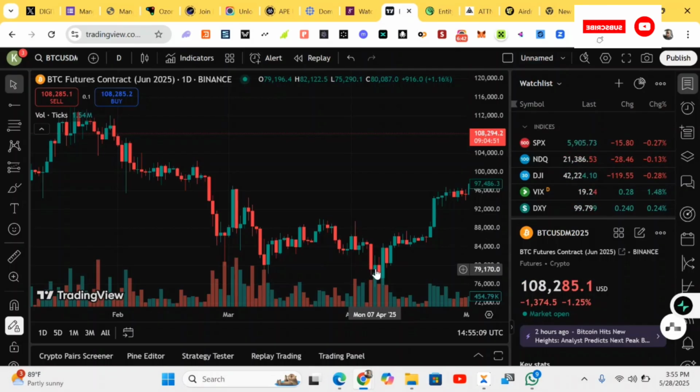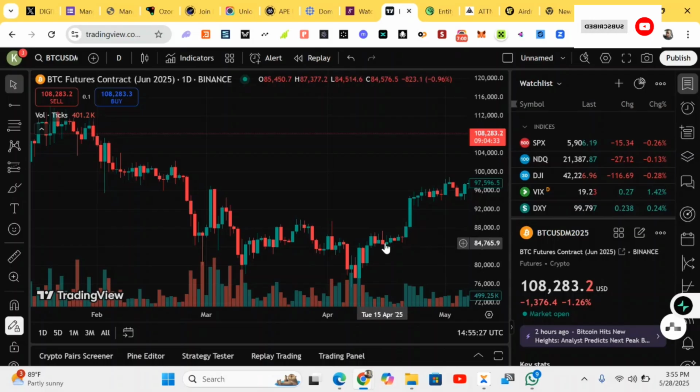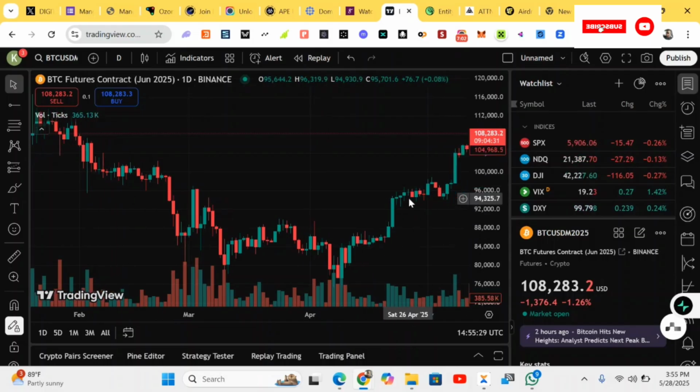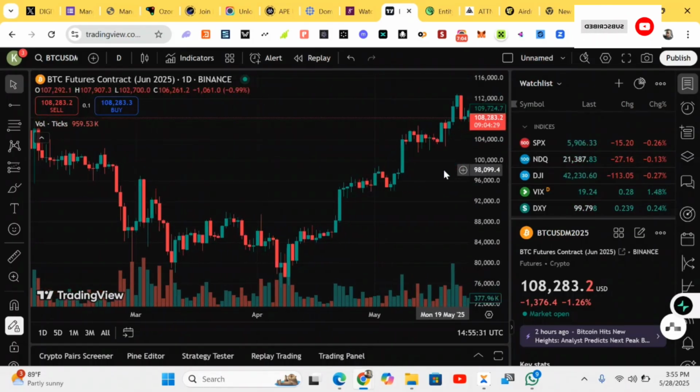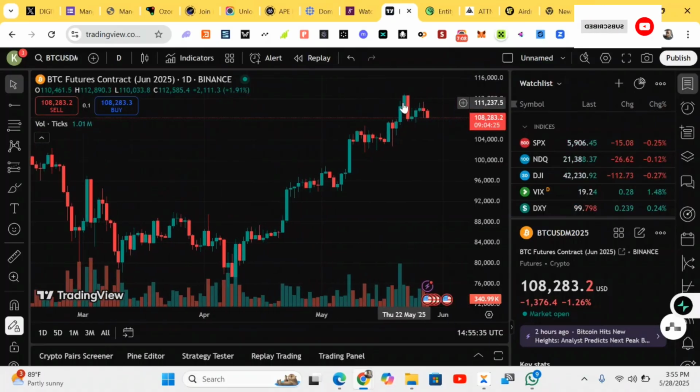And then buyers came and pushed it up. As you can see, I can see this big bullish candle over here, and it came up. It was still going up till it reached this point over here.